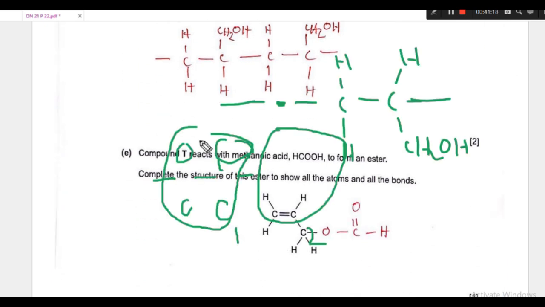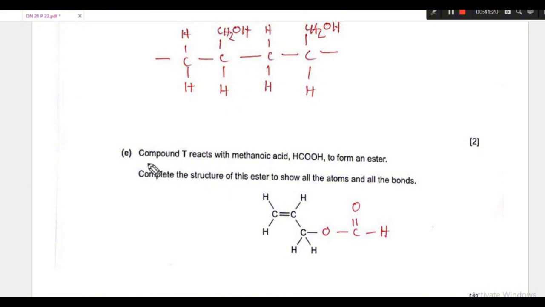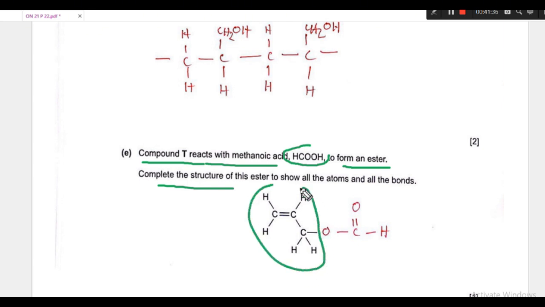Now compound T is an alcohol, it reacts with methanoic acid, HCOOH, to form an ester. Complete the structure. So up to this is given, then the alcohol will lose the OH group, the methanoic acid will lose 1 hydrogen.